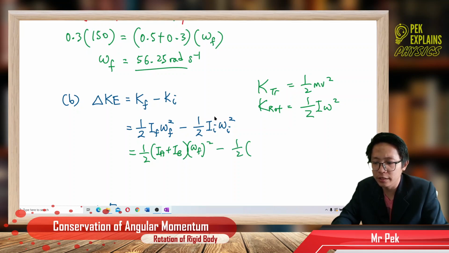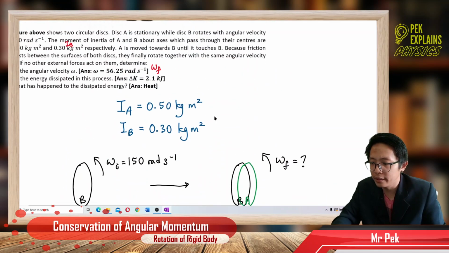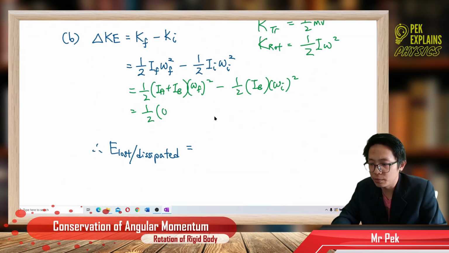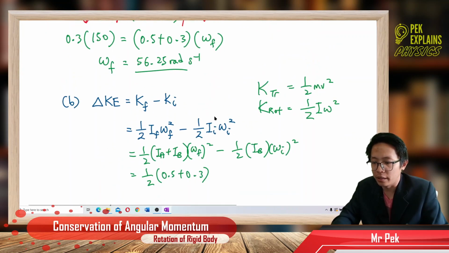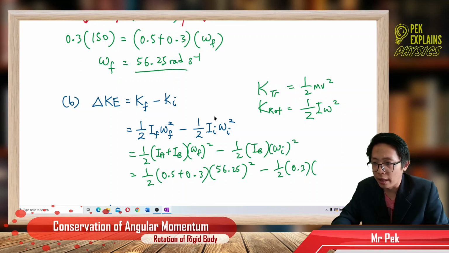Minus, initially it's just B rotating, so just I_B. You just put in the values that you already had. I_A is 0.5 plus I_B is 0.3, and then omega final is what you got just now, 56.25 squared, minus half I_B, which is 0.3, omega initial is 150 squared.